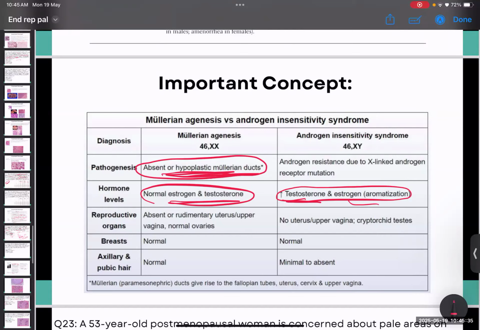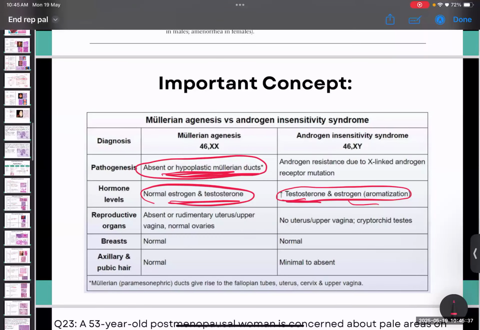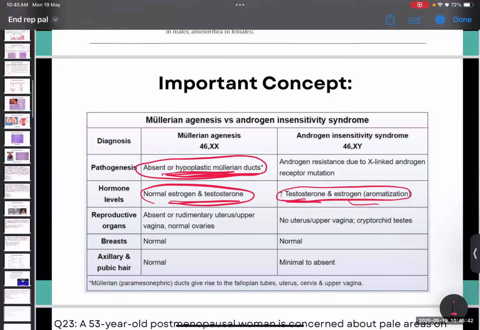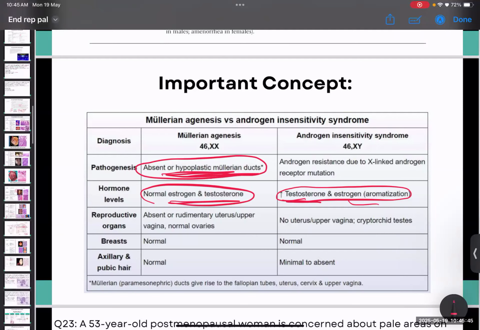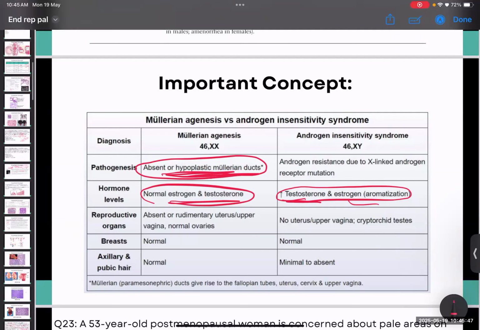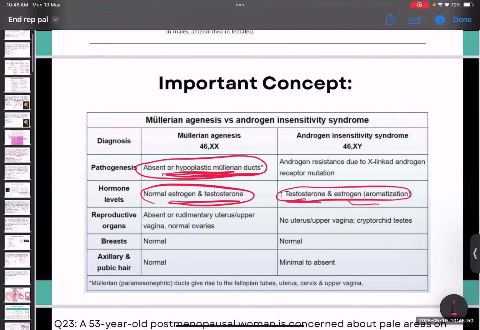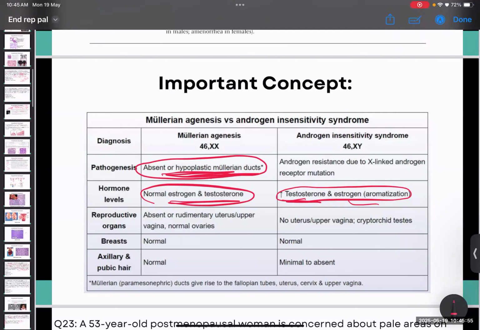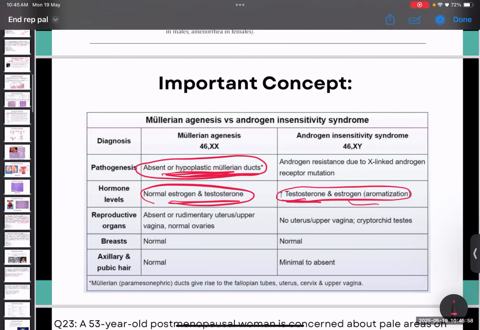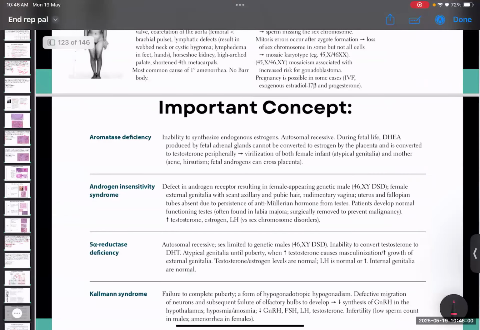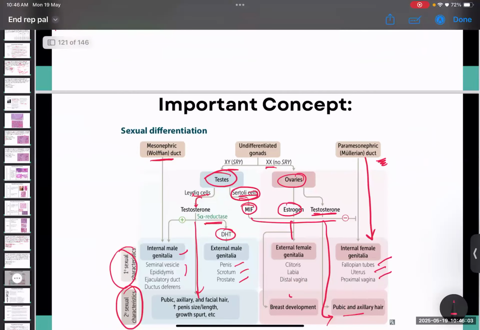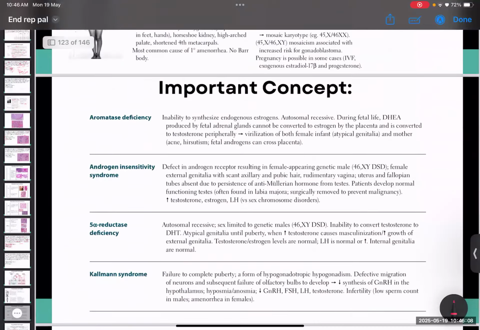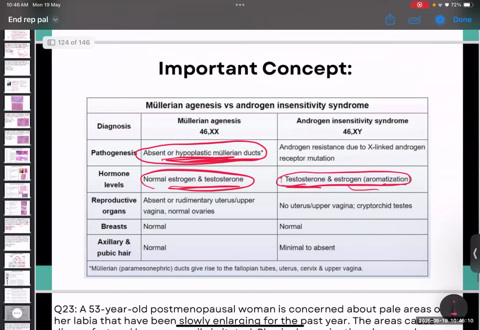Wait, I think I made a mistake in this question. Well, not really a question, but I think I made a mistake in the way I explained it. There was a PCOS question, and I think I said testosterone is converted to estrogen with the help of 5-alpha reductase, and that's not really the case because testosterone is converted to DHT with 5-alpha reductase, and testosterone is converted to estrogen with the help of aromatase.